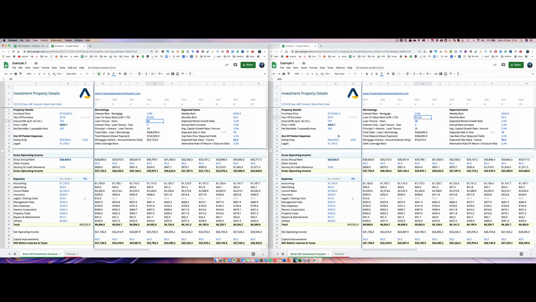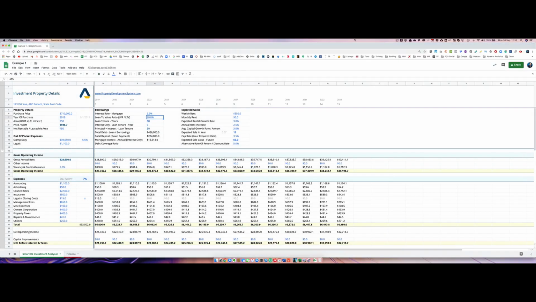So if I was to do an analysis on an investment property that I was going to keep, which I developed myself, the difference would be that the value of the property would be exactly the same, $710,000, that was the market value.